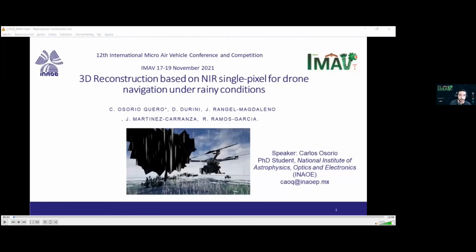Good morning. Phase 1, NIR single pixel for drone navigation under raining conditions by quadcopter.